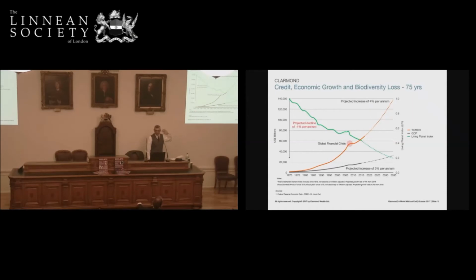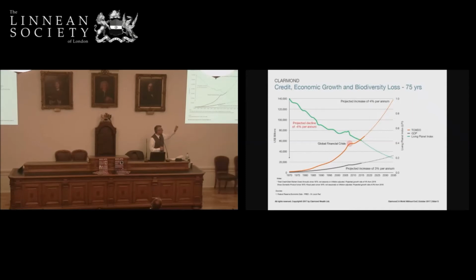I said, goodness me, that looks like exactly the opposite of the credit system. The Living Planet Index is by ZSL. It's an index of terrestrial and marine life, all put together, and it has lost about half its value since 1971.